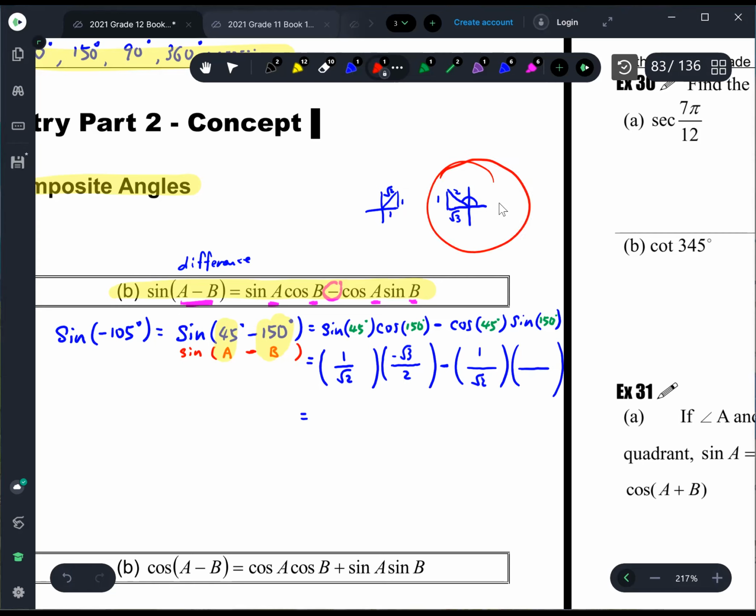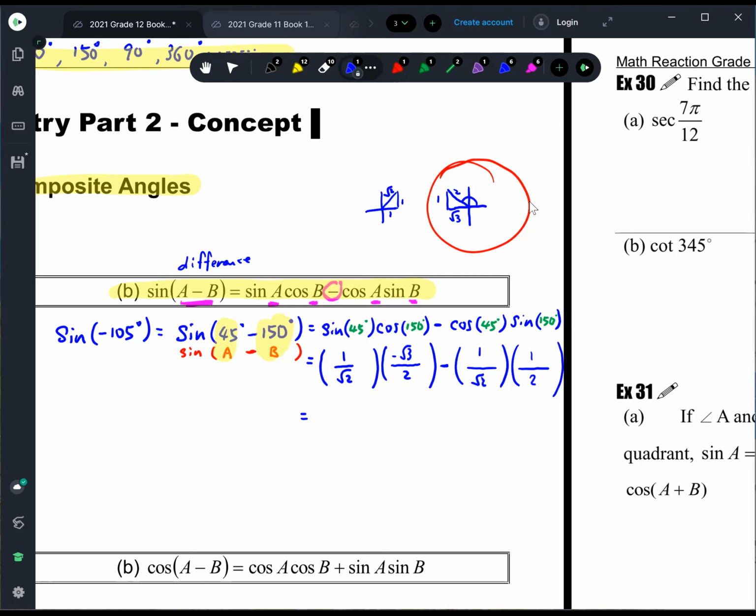You see on the screen, I circled it, because 150 degree turns to the second quadrant, right? And then we're doing sine. Sine is what over what? Opposite over hypotenuse. So look at that picture. Oh, 1 over 2. Yeah, 1 over 2. Is it positive or negative? Positive. Okay, what's positive in second quadrant?